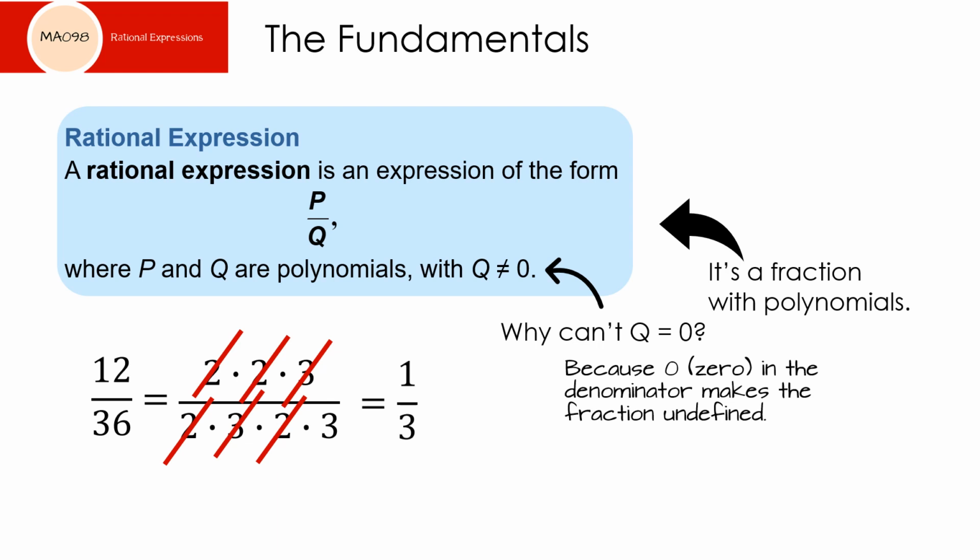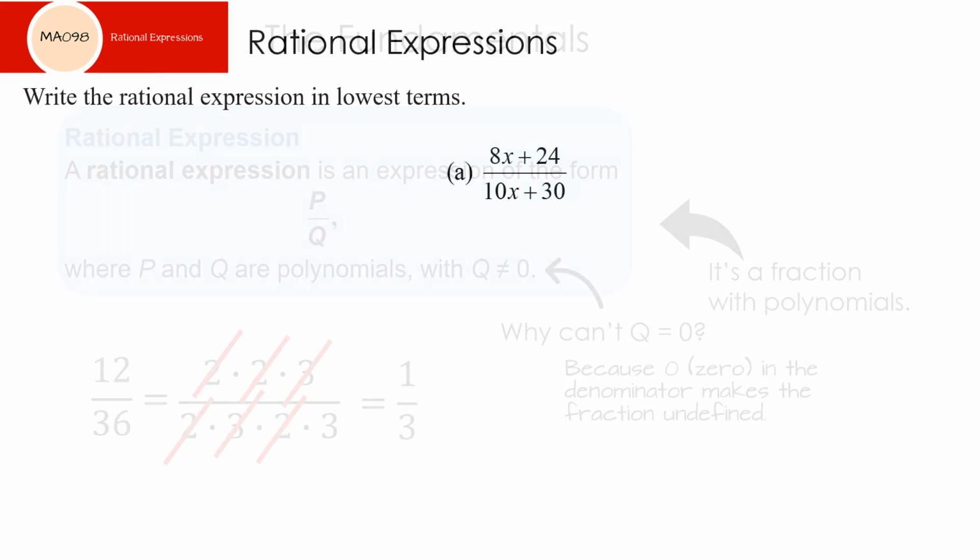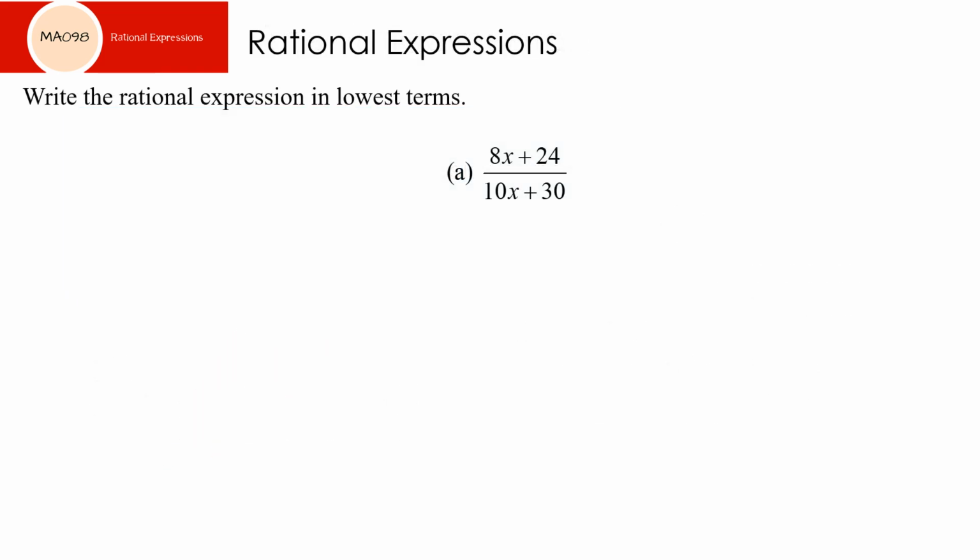Let's look at our first example. Write the rational expression in lowest terms. The first thing we have to do is factor everything. So for the top, we need to find the greatest common factor. And so I kind of did it here, 8x equals 8 times x, and then 8 times 3. So 8 is our greatest common factor, and hopefully you remember we put 8 in a parentheses.